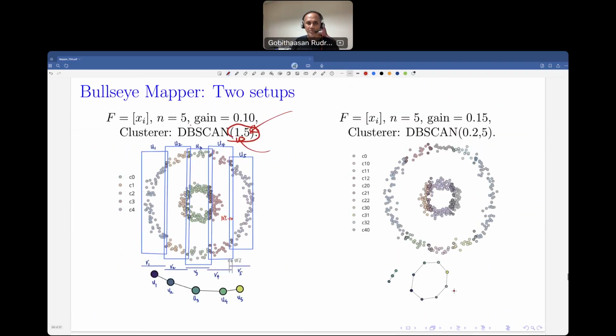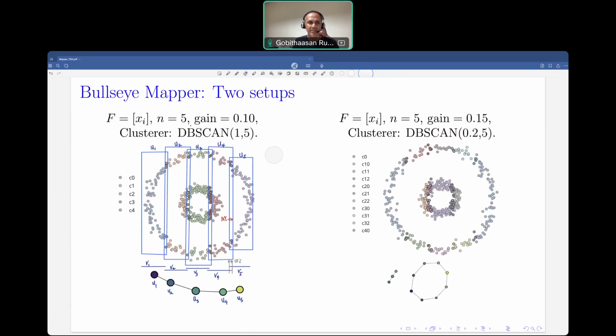So if you compare both, originally we had 10, so now I've increased to 15%. So DBSCAN is like 1 here, so now I've reduced it. So the number of clusters has increased, the network is more prominent, you get to see more structure. So you get to control it actually.